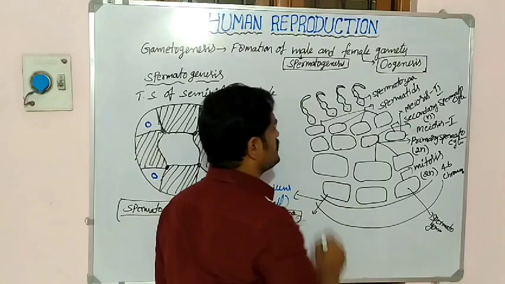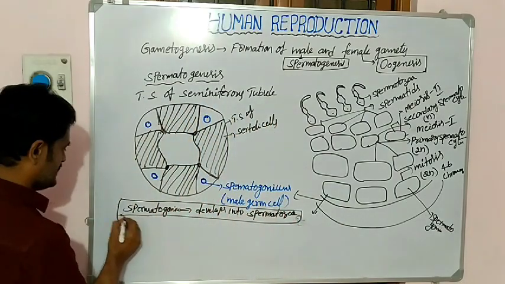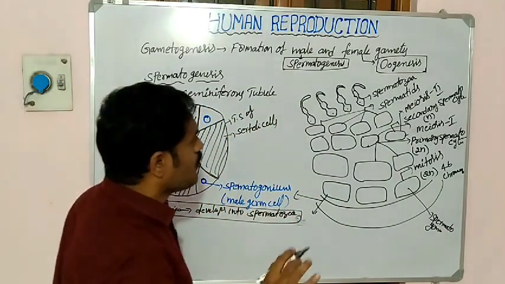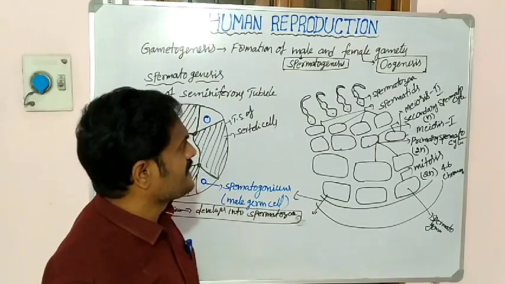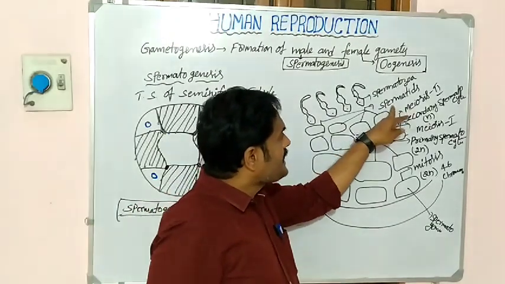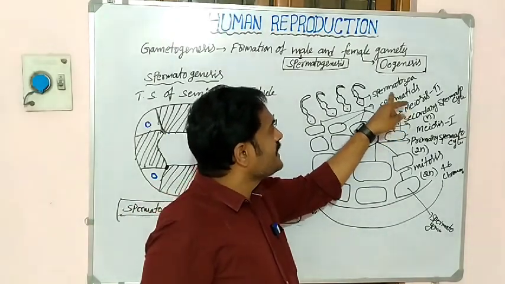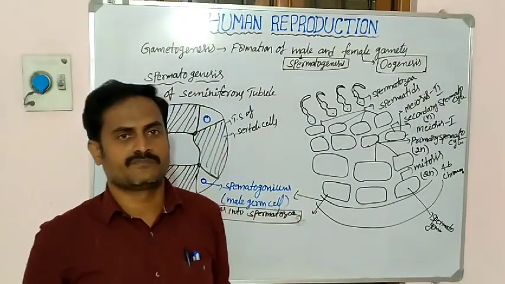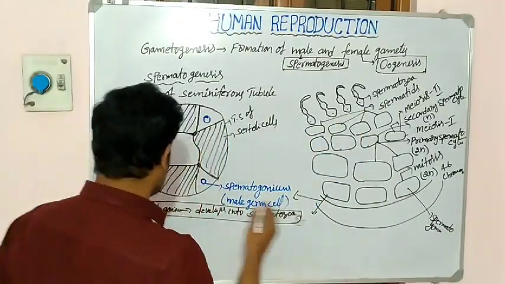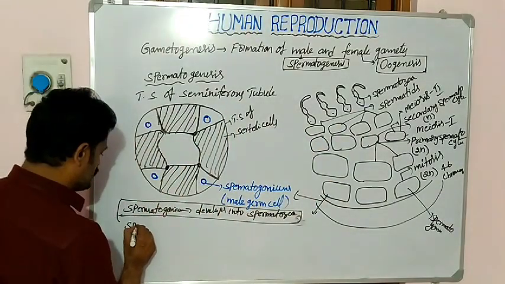Next, one more thing is also there: spermiogenesis. What does spermiogenesis mean? The spermatids are modified into spermatozoa. That process is called spermiogenesis.